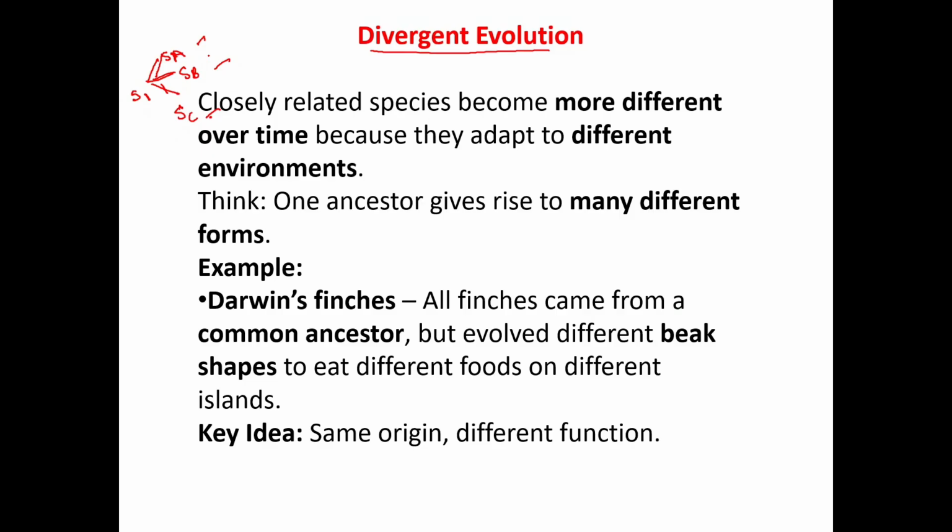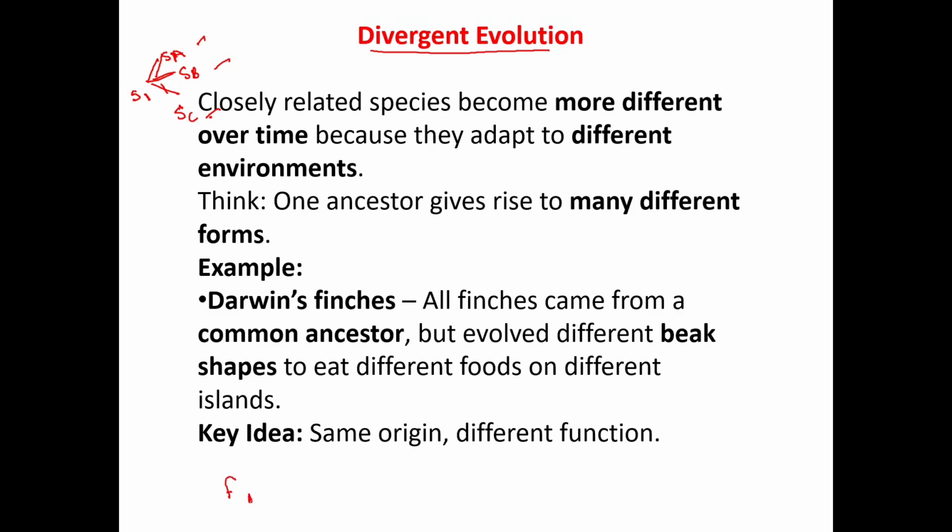So divergent evolution is when related organisms become different over time due to adapting to different environments. For example, the famous example which we already discussed in our previous class, Darwin finches on Galapagos Island all came from one common ancestor.